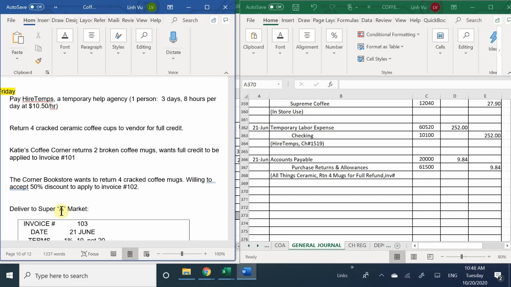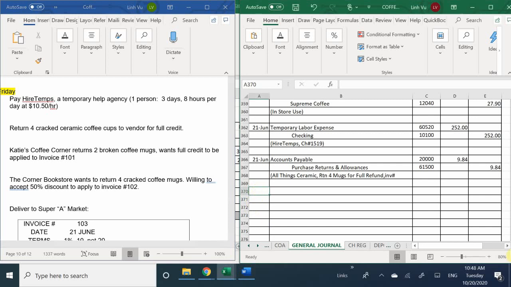Okay, so who is Katie? She's a customer. Sales returns and allowances, correct. And if we're applying it to her invoice, then what are we reducing? Accounts receivable.